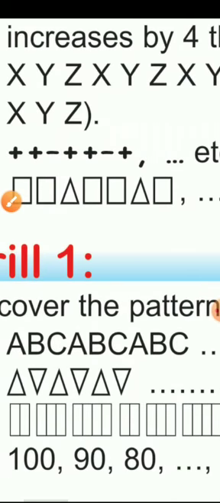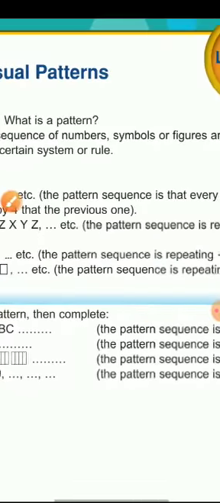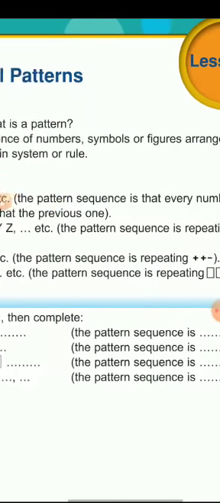Okay, so to get the missing signs, you have to write the first 3 signs here. So we write plus, then write plus and minus. Okay, so here the pattern sequence is repeating plus, plus, minus.